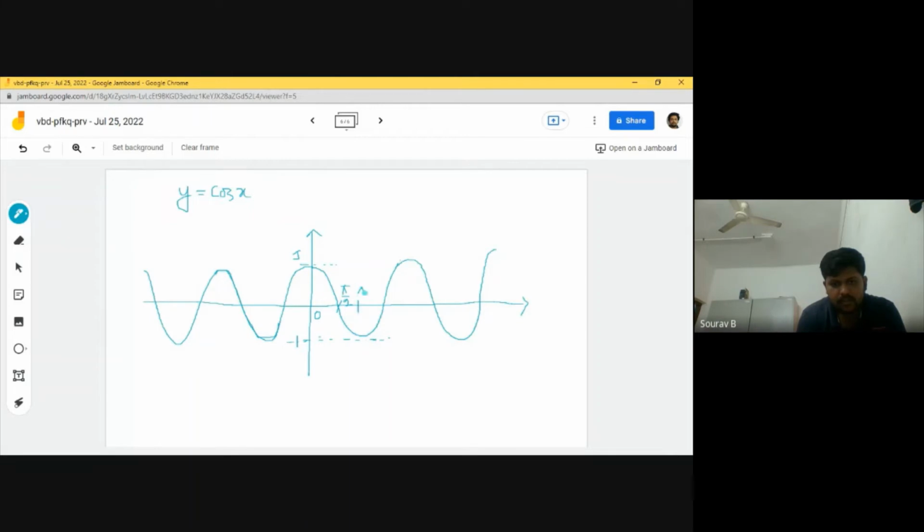At x equal to pi, the value of y equal to minus 1. So this is the case. This is y equal to cos x.